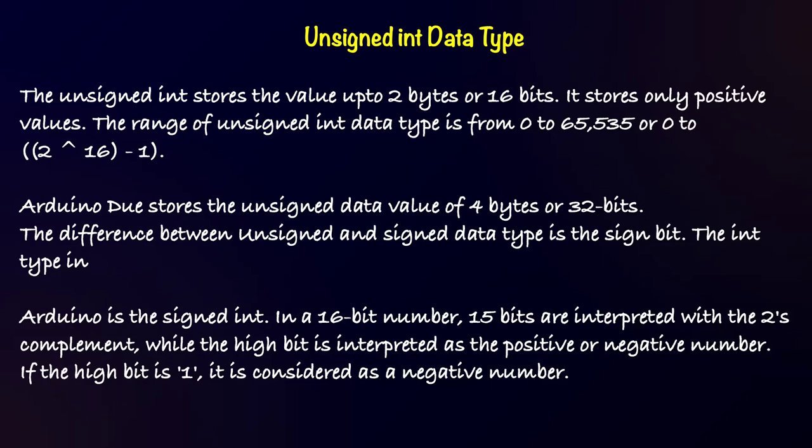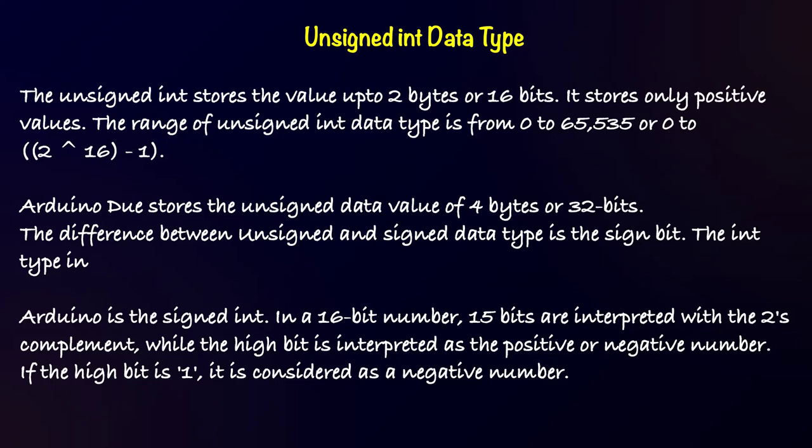Then Arduino Due. The Arduino Due stores unsigned values of 4 bytes or 32 bits. The difference between unsigned and signed data types is the sign bit. The int type on Arduino is the signed int.